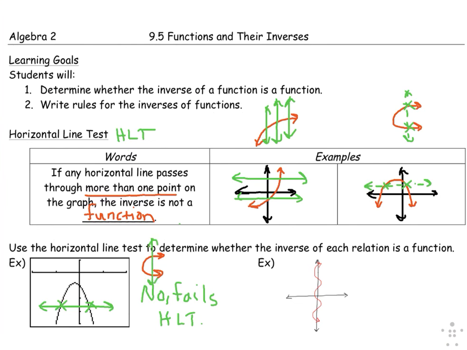and this sideways parabola does not. Looking at the next example, no matter where we place a horizontal line, it passes the horizontal line test. Therefore, the inverse of this function will be a function. And let me re-say that. This is currently a relation because it itself fails the vertical line test.